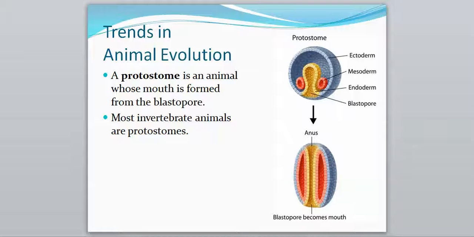As things specialize, grow, and divide, this blastopore will eventually become the mouth. Most invertebrate animals are formed this way. This is a way for us to say that these invertebrates are more closely related because they form the same way early on in their development. So that's the first way, protostome.